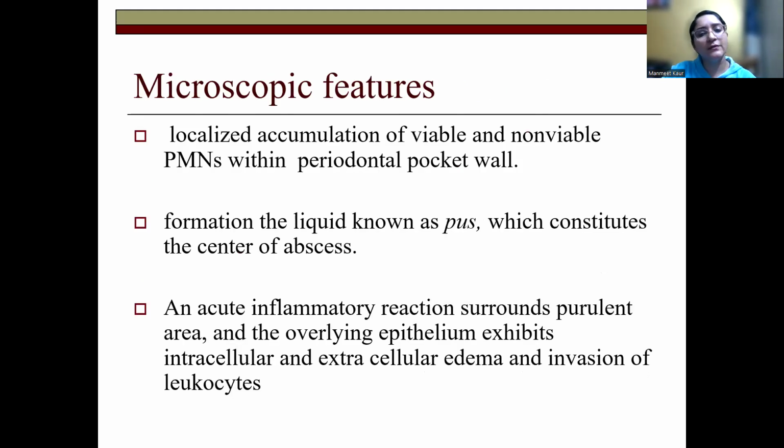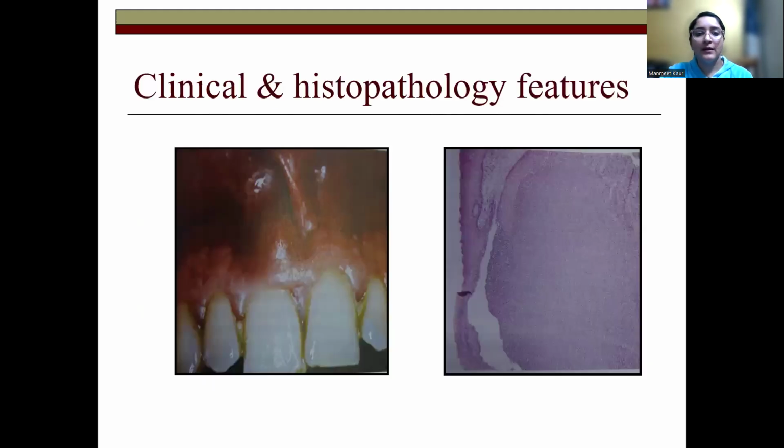Now microscopic features. Very commonly leukocytes will be there, and formation of the liquid known as pus, which is the center of the abscess. There is an acute inflammatory reaction which surrounds the purulent area, and the overlying epithelium exhibits intracellular and extracellular edema, and there is invasion of the leukocytes. So these are the clinical features. You can appreciate this is a periodontal abscess over here, and this is a histopathological feature.